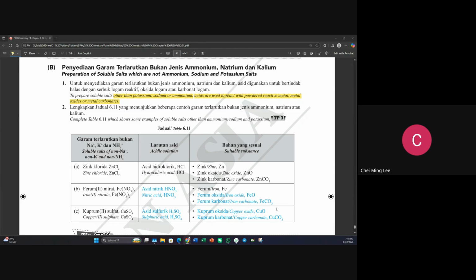Because copper metal is not reactive enough with dilute acid. Okay, can you understand now? All right. So this one you need to jot down. If you are very familiar with the equations nowadays, you can straight away use the formula only.